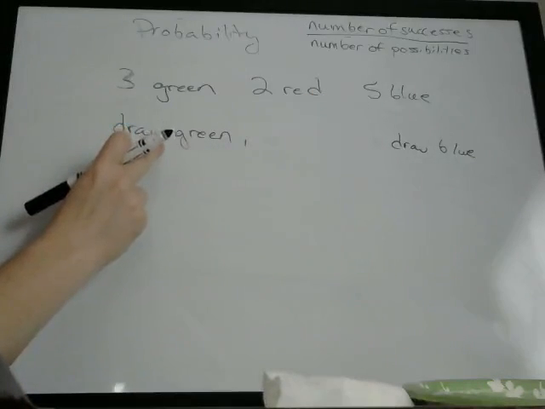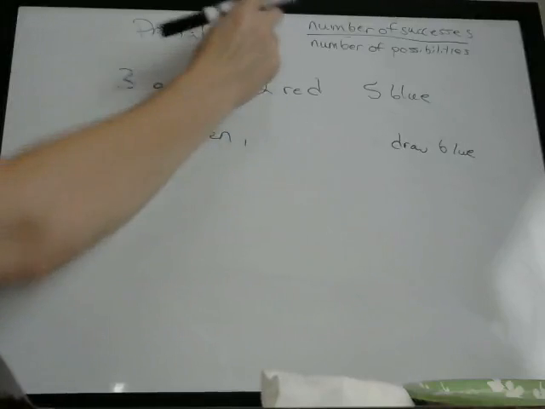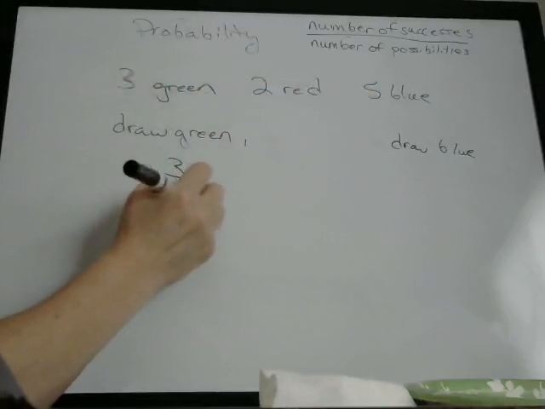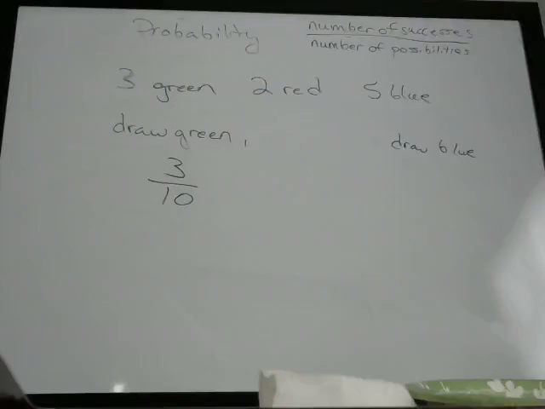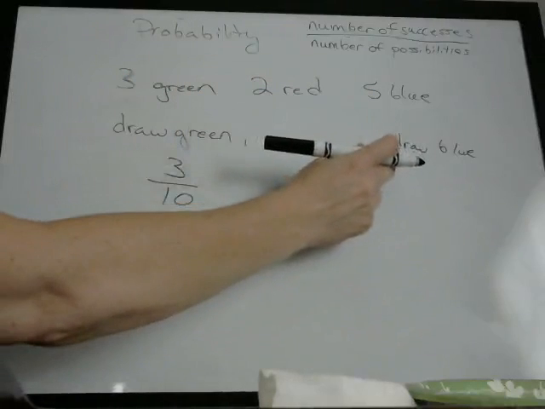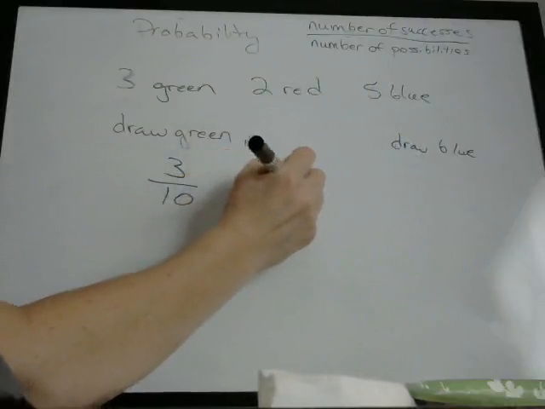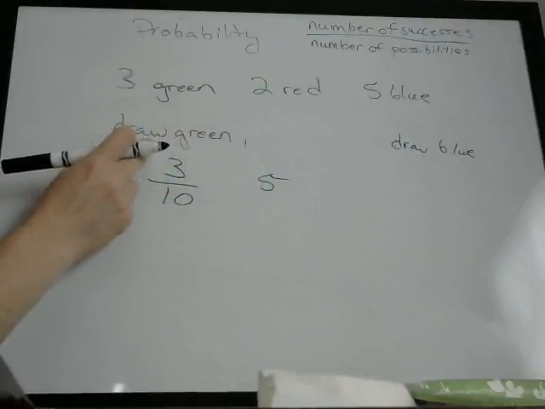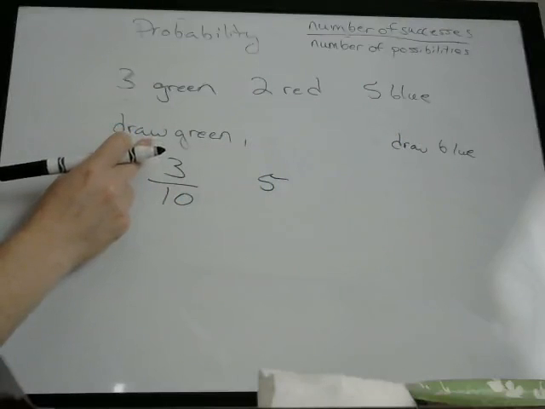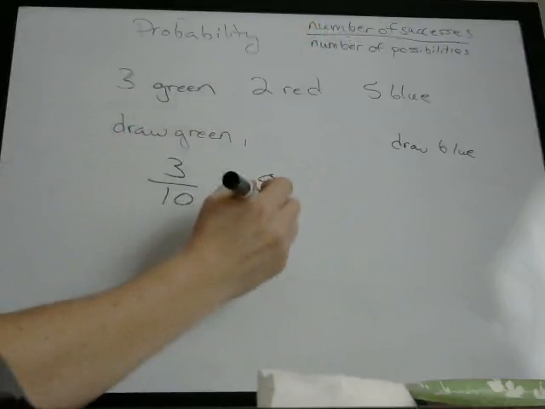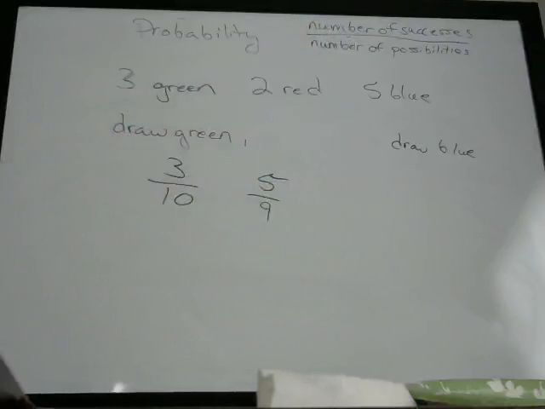So the probability that we would draw a green, again, 3/10. And then that we would draw a blue one. Well, there's 5 blue, but remember, we took one of them out. We don't really know what color it was, but we know there's one less. So the number of possibilities is now there's only 9 marbles to draw from, not 10.